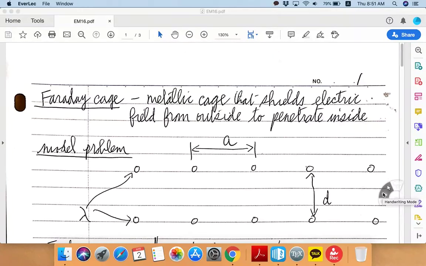Hi, today I'm going to talk about the physics underlying the interesting theme of the Faraday cage.